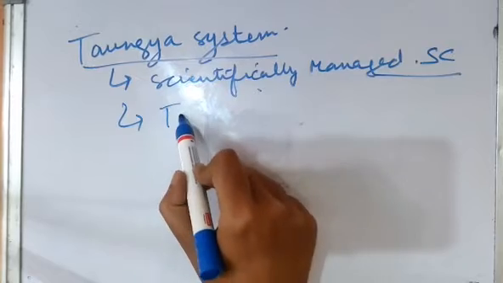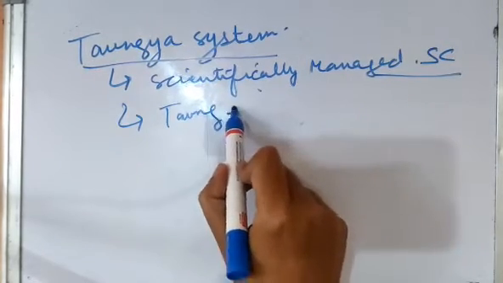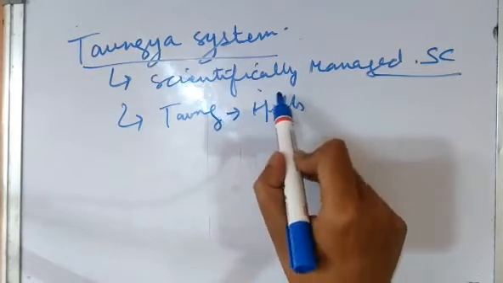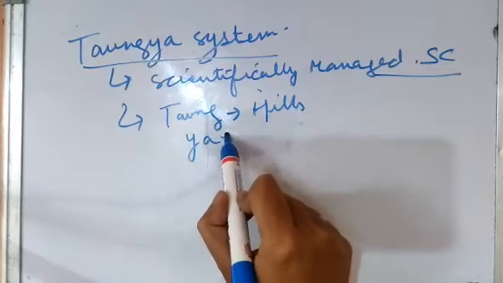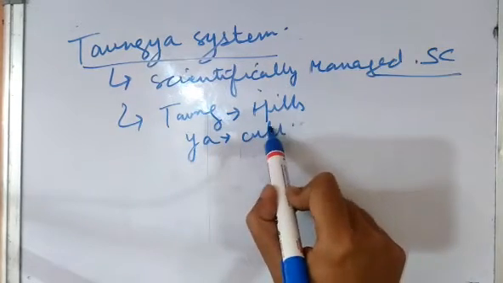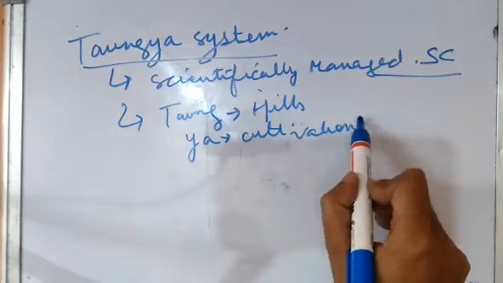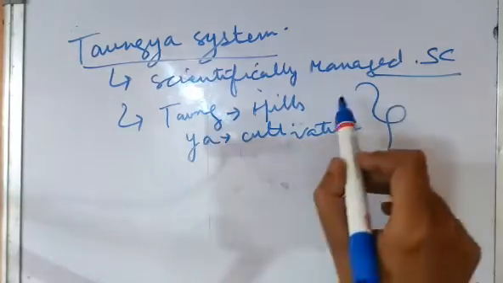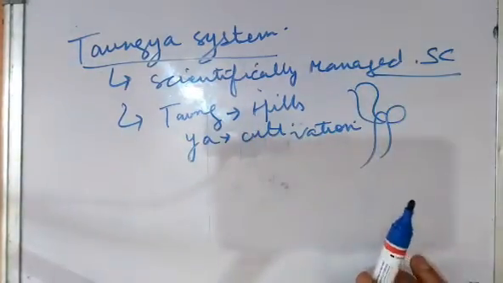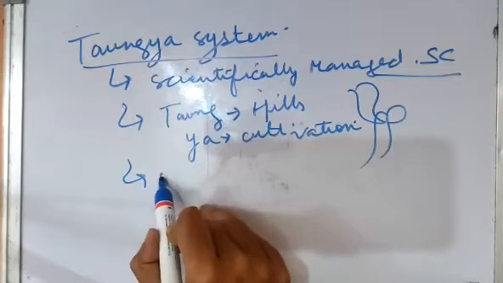Tong means hills, and ya means cultivation. So from here we can get that Tongia means hill cultivation. It is done in hilly areas. It originated in Myanmar.